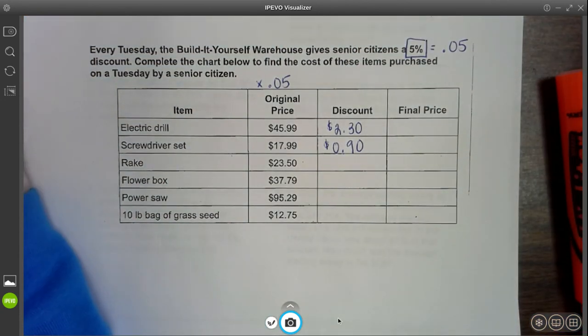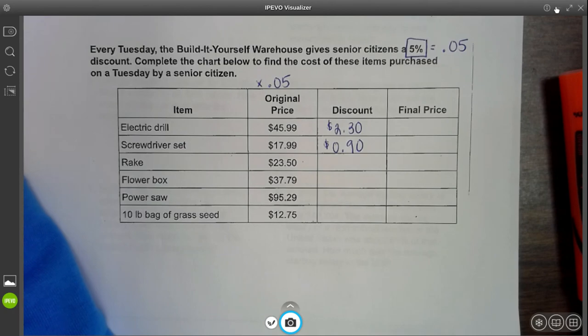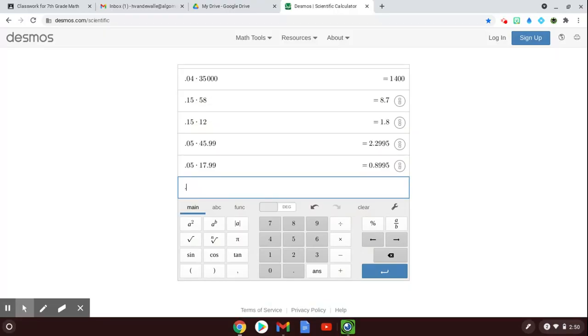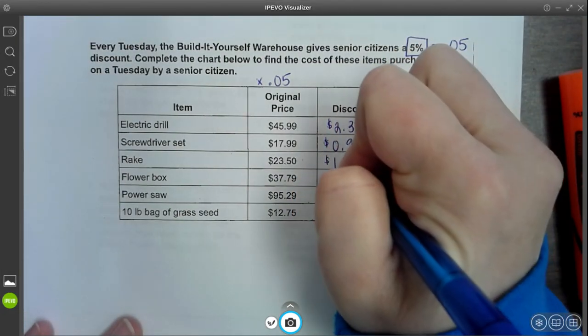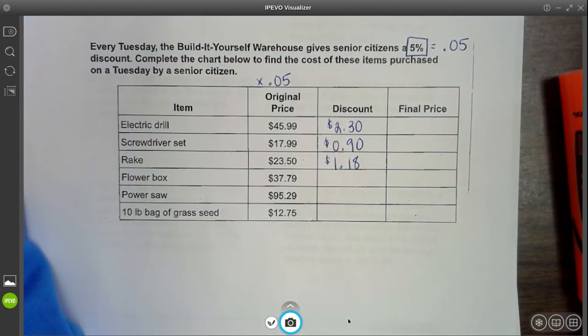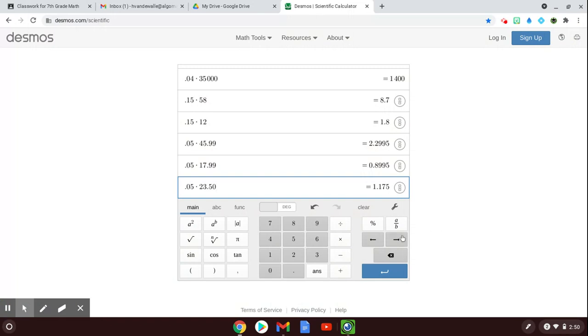Okay, the next one is 5% of $23.50. So 0.05 times 23.50. This is going to round to $1.18 because the 5 is going to round the 7 up to an 8. Okay, the next one is 5% of $37.79. Okay, and this one we have to round also.